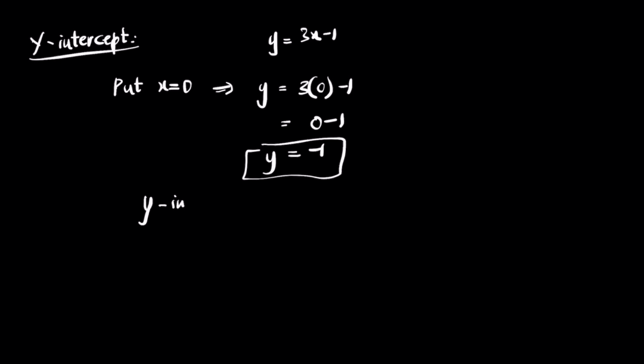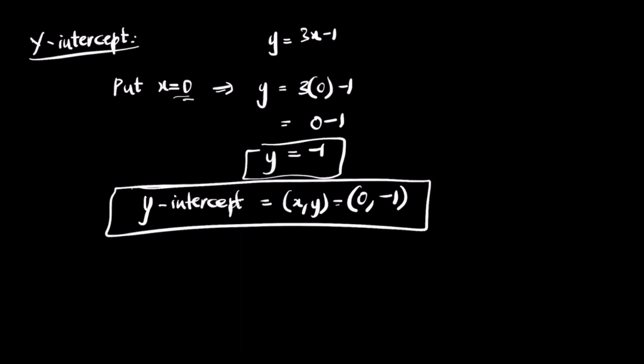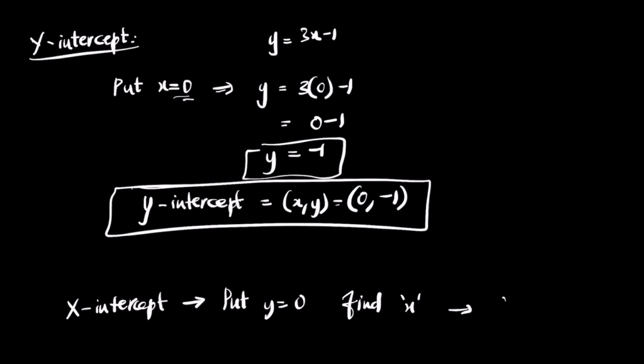The y-intercept is also written as x comma y, so here it is 0 comma minus 1. This is the y-intercept for the problem. So when you want to find the x-intercept, put y equal to 0, find x and write the answer as x comma 0.